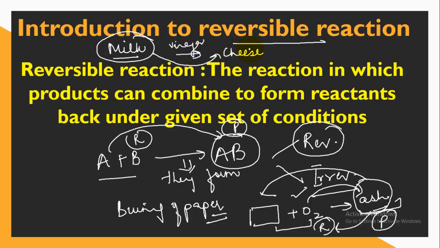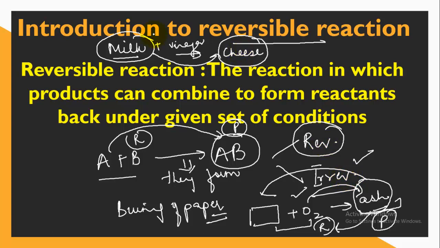But there is no process that we could apply to convert this cheese back into milk. So this reaction occurs only in one direction: milk on adding vinegar gets converted into cheese, but we cannot convert cheese back into milk. These reactions are called irreversible. That is, they occur only in one direction.